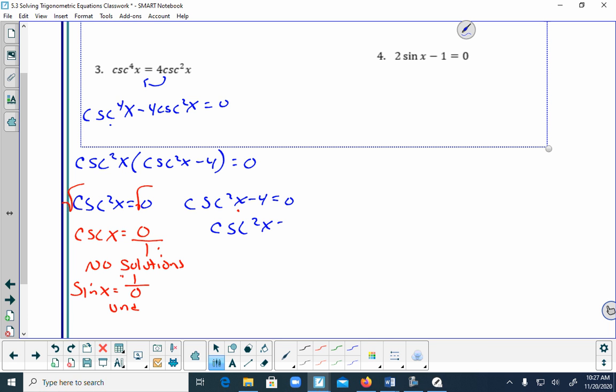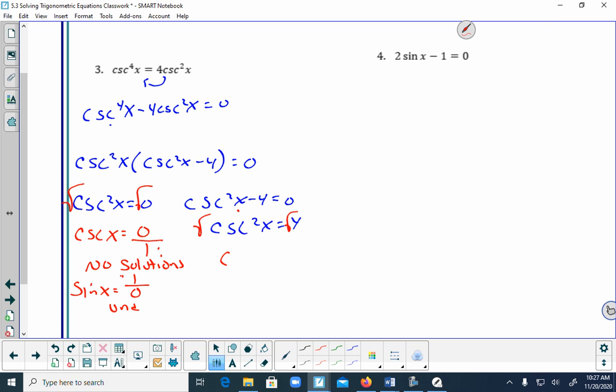Cosecant squared x is equal to 4. I added 4 to both sides, taking the square root of both sides. When I do that, I say cosecant squared, oh no, I took the square root, my bad. Cosecant x is equal to plus or minus 2. So that's the cosecant.